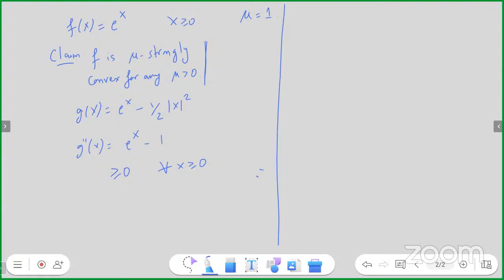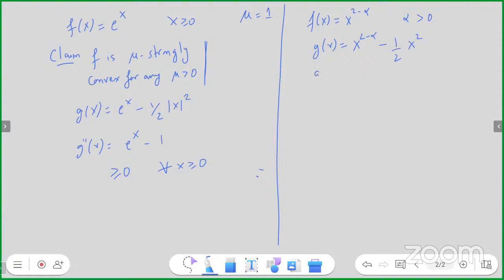So let f of x be x power 2 minus alpha. I'm being sloppy here because x is one dimension, and alpha is greater than 0, less than 2. What is g of x? It is x to the power 2 minus alpha minus half x square.